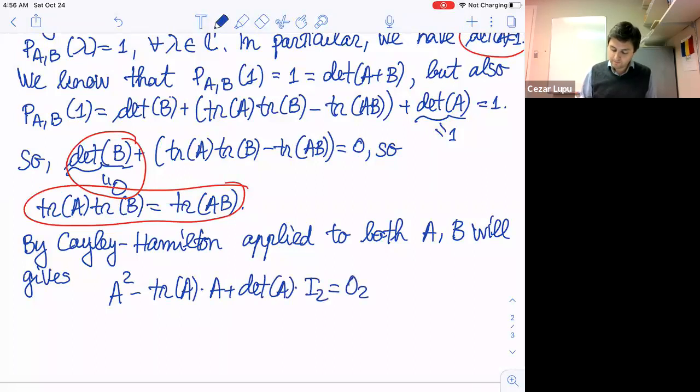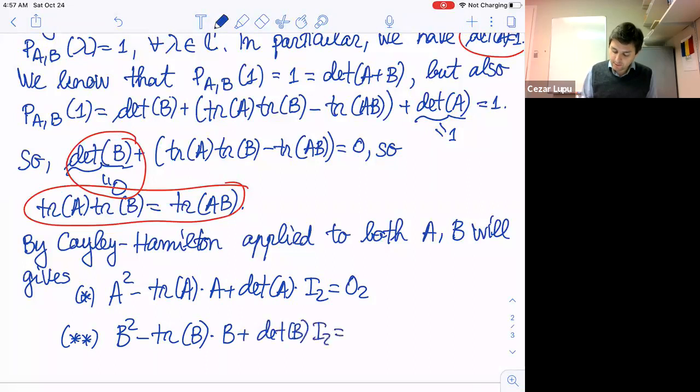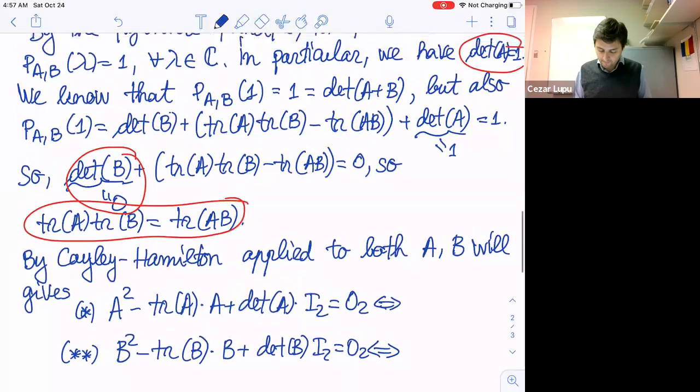And also B squared minus trace of B times B plus the determinant of B times the identity is O2. And now let's see what this is equivalent to. We know that the determinant of A is 1. So keep in mind that this guy is 1.